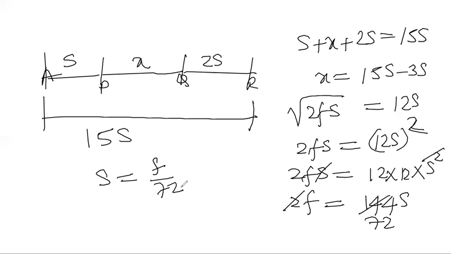This is S. Wait a minute, X. Oh, I forgot to write T, no? Here I didn't write T. What is X? Please tell me. X is root 2fs into T. So if you are squaring on both sides, here everywhere T square will come, right?